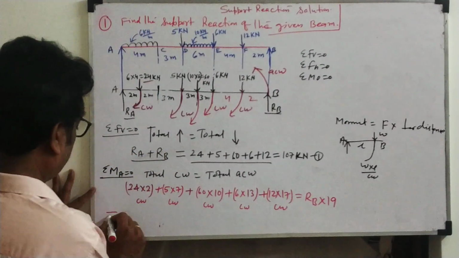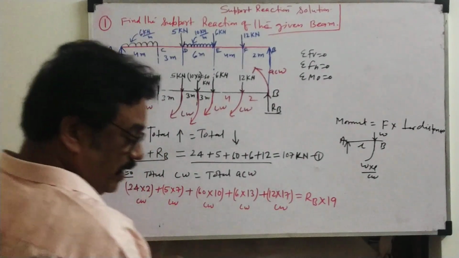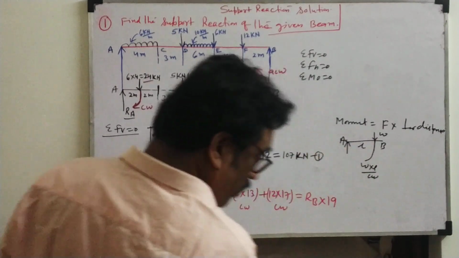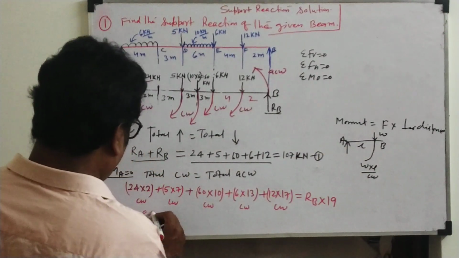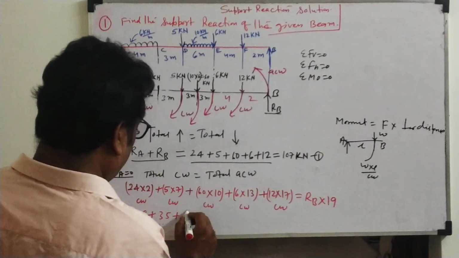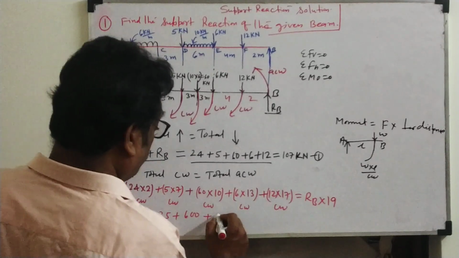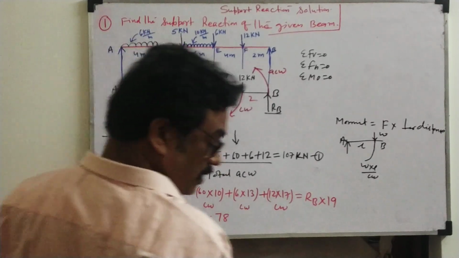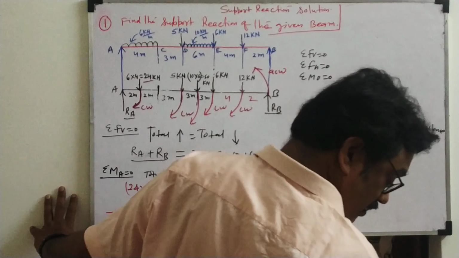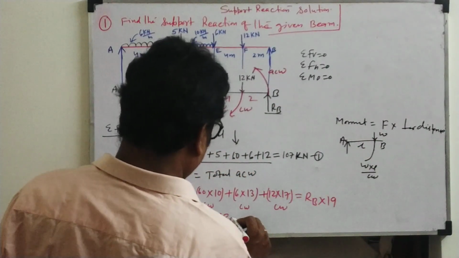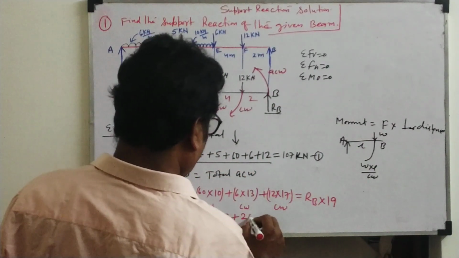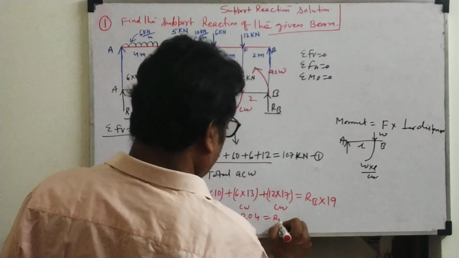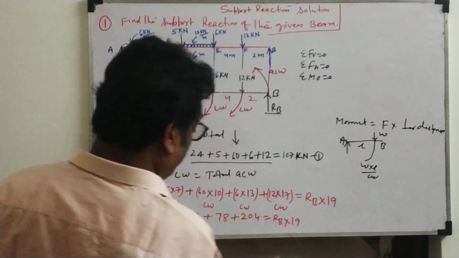If we solve this, in one step I will write the calculations we did: 48 plus 35 plus 600 plus 78, plus 204, equal to RB into 19.